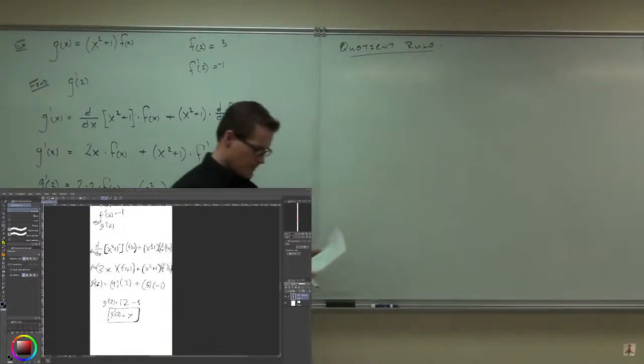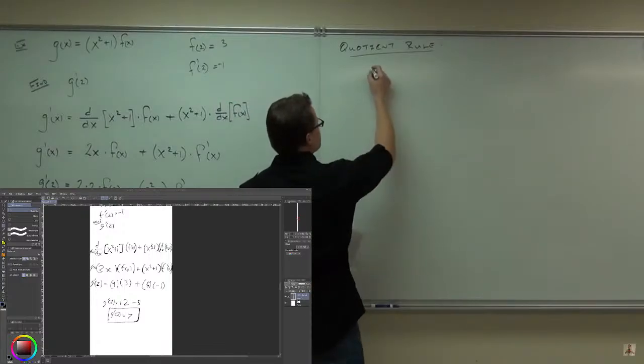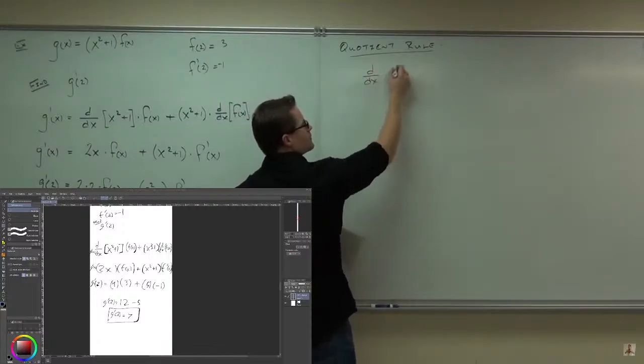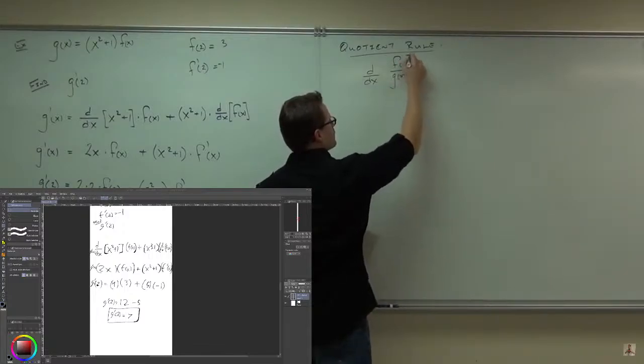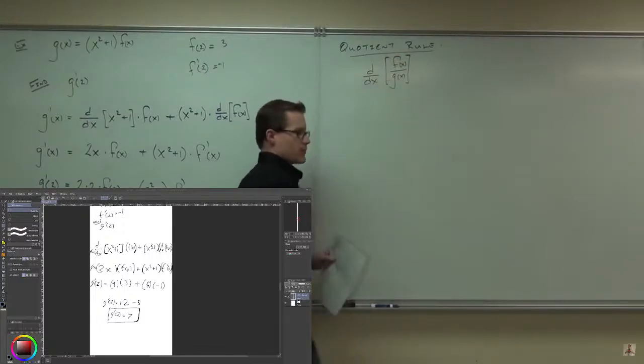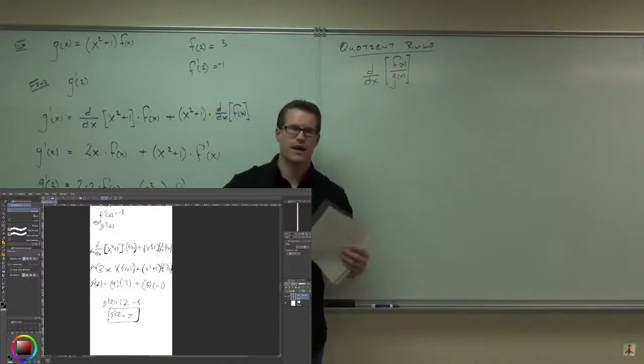Quotient rule. Quotient rule asks this question. Can you take a derivative of a quotient? Something in terms of x over something in terms of x.